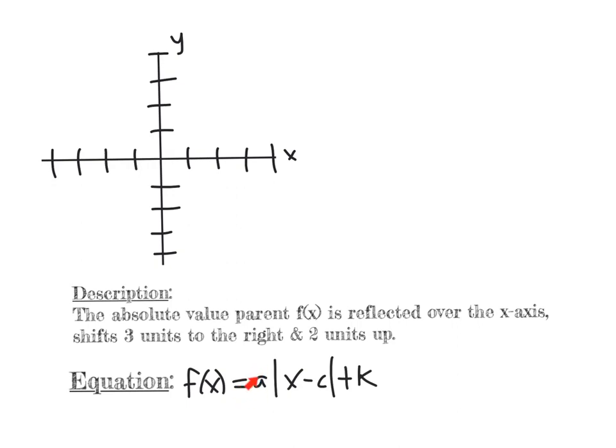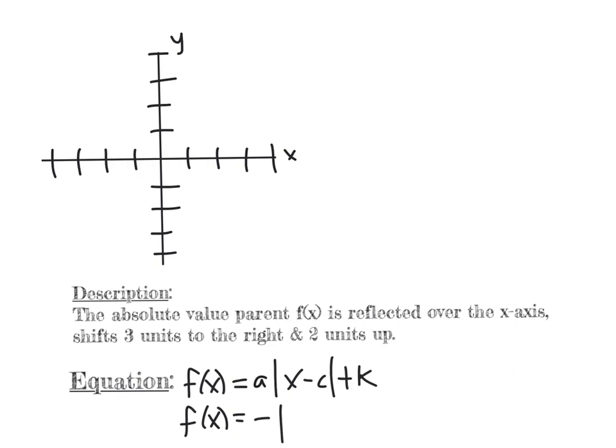The a tells you if it's pointing up or pointing down, and it also tells you the slope per se. Since the function was reflected over the x-axis, that means that this became a negative number. So I'm going to write my function as f(x) equals -1.